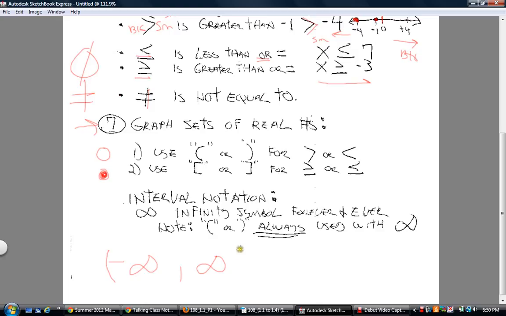Now, this is not ordered pairs from graphing, but parentheses tell you here that you go all the way. The smallest number here is negative infinity, but you can never achieve infinity. Therefore, you would not use the bracket. So you always use parentheses with infinity, negative infinity, going all the way up to positive infinity, and you can never achieve it because you can always add 1 to it.